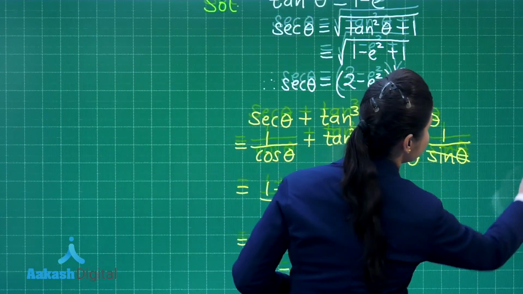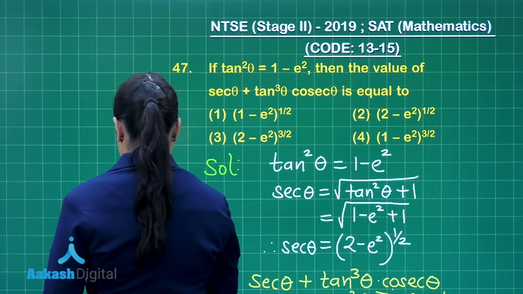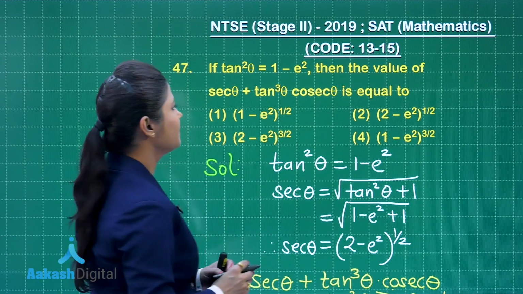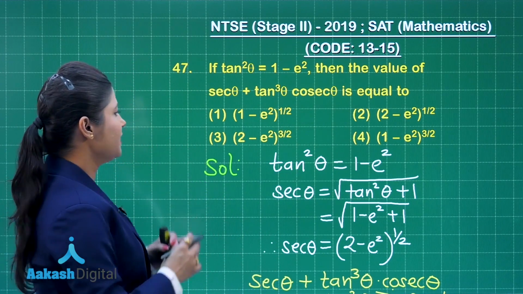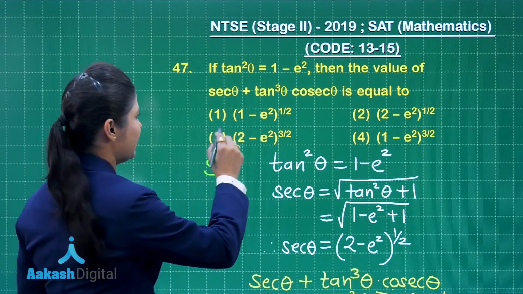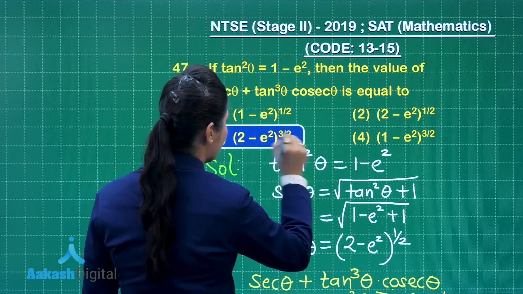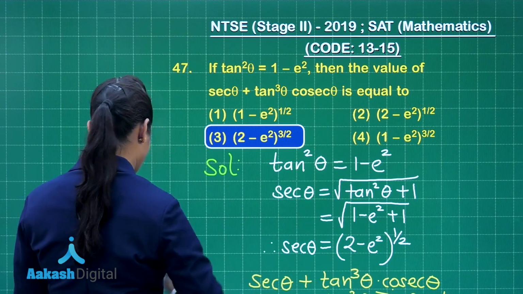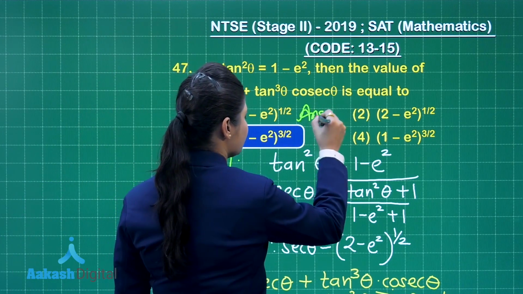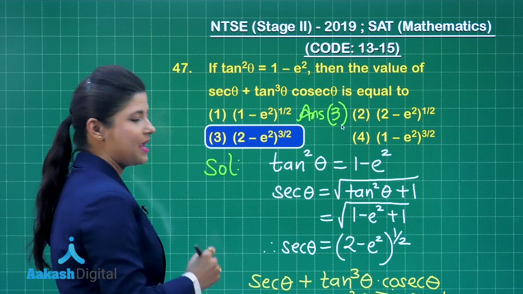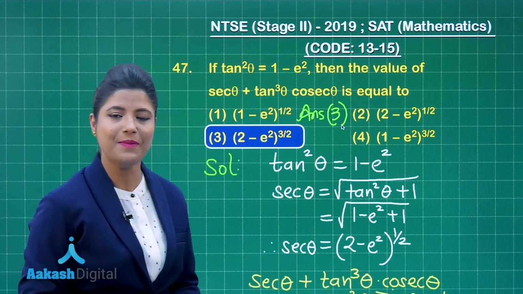Out of the 4 options, you can clearly identify that option number 3 is the correct answer, because it states the value of this expression is equal to 2 minus e square raised to the power 3 by 2. I can clearly mark the answer for this question as option 3. I hope it is clear to you. Let's take up our next question.